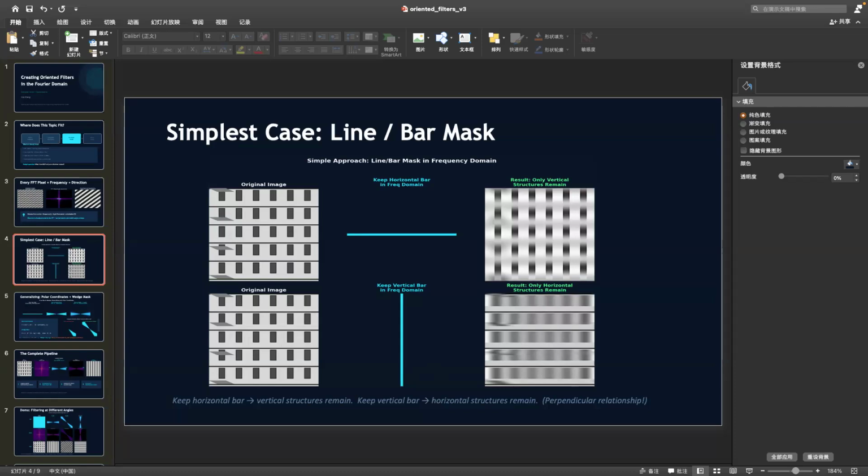So here's the idea. If I keep only the horizontal bar and zero out everything else, what happens? That is what the upper picture shows.